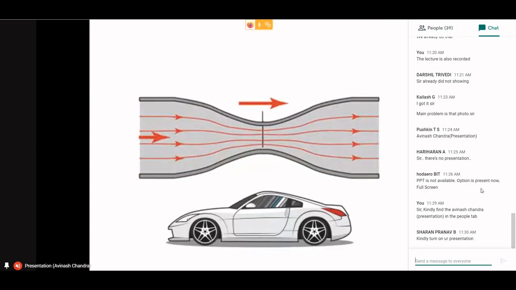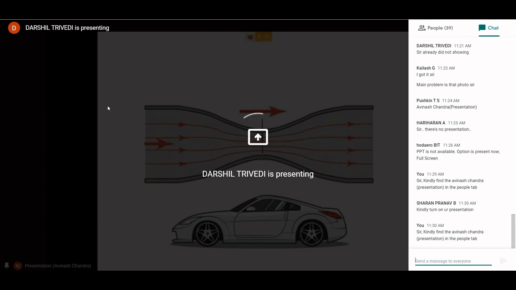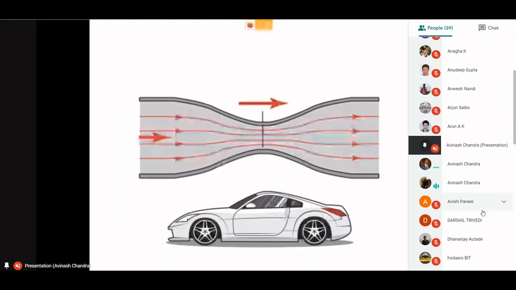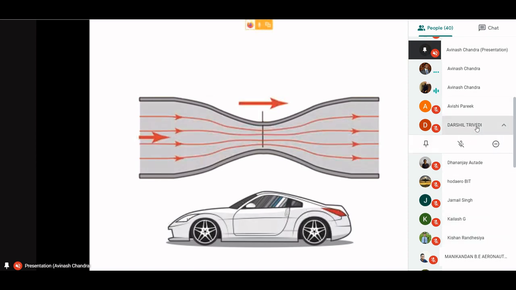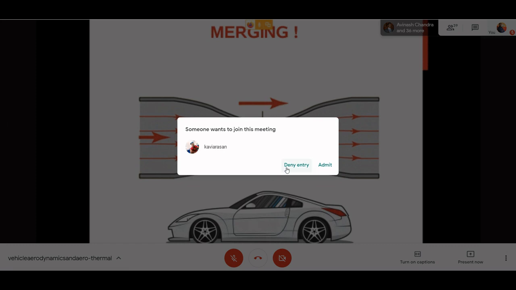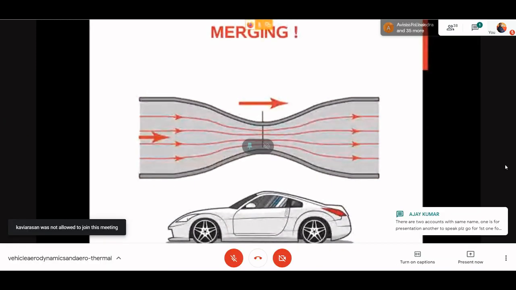This is a cut section. Now you see this lower part of the venturi is the wall, and the upper body, the outer surface of the automobile, is also a wall. So this is how we can correlate the shape of the body.